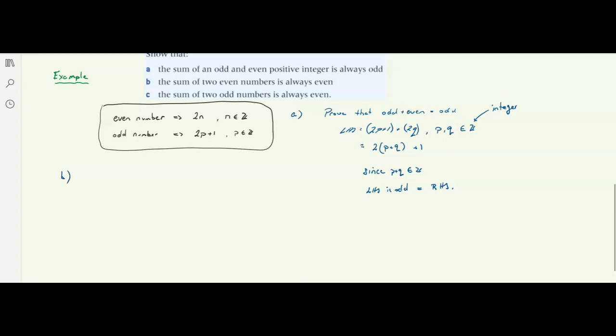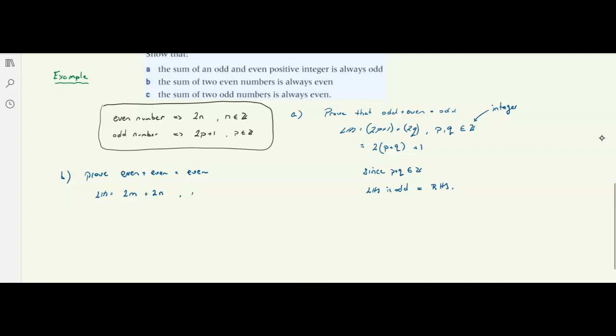The sum of two even numbers is always even, so I want to prove that even plus even is equal to even. I'll say the left-hand side is equal to an even number, which is 2m, and I'll add another even number, which is 2n. I can't use the same letter.